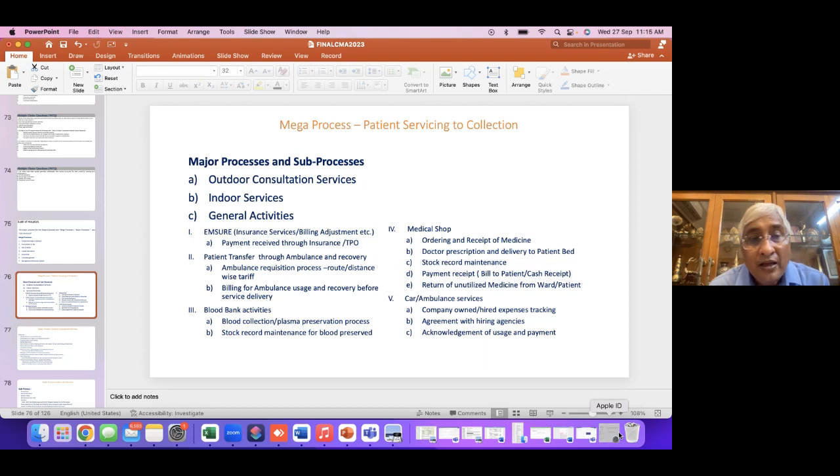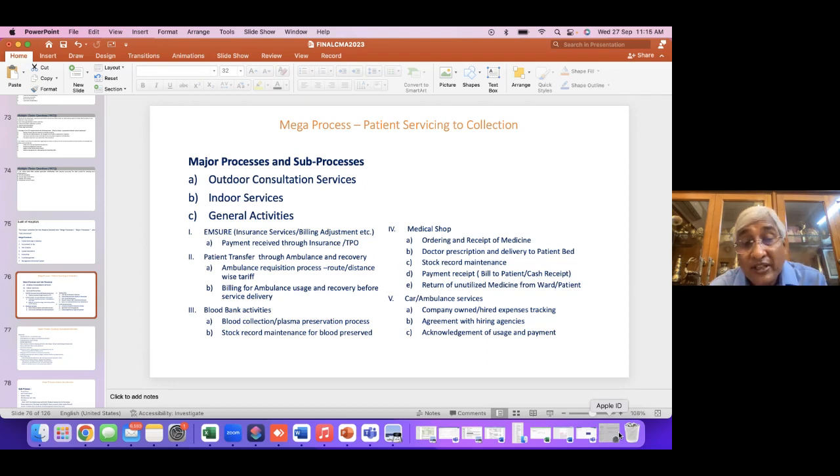Now, again, some of the hospitals provide blood bank services, blood collection, plasma preservation process. This in the hospital must be a proper process, because otherwise the blood collected may not be in a usable condition. So in future, all this blood cannot be used, and that is why they may face a huge loss.